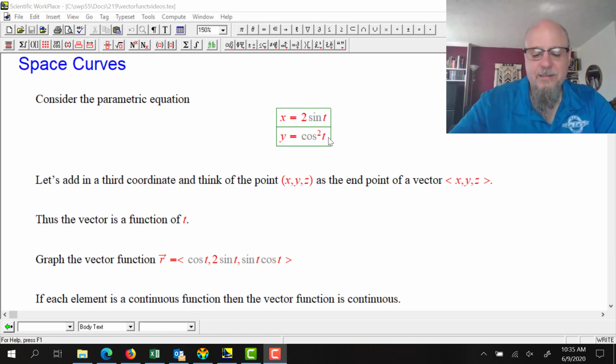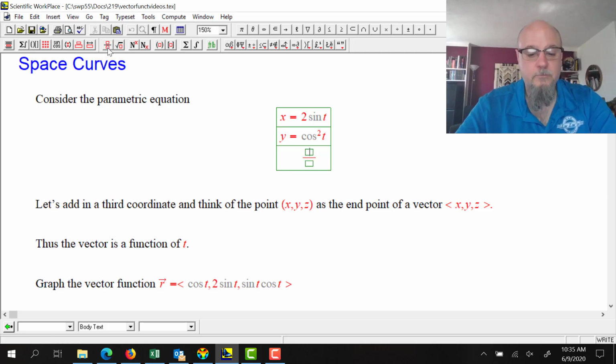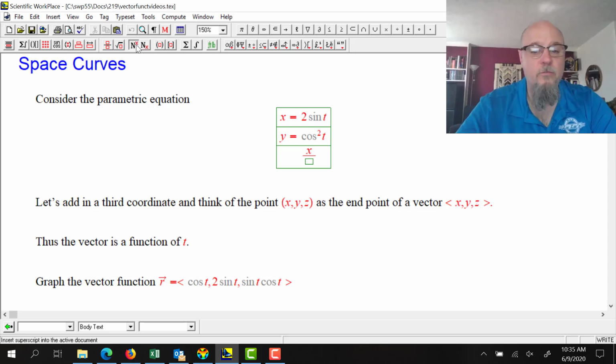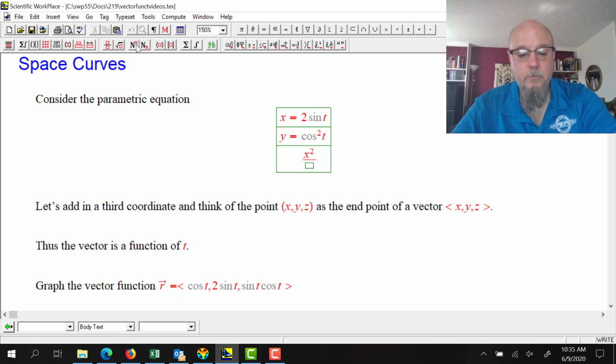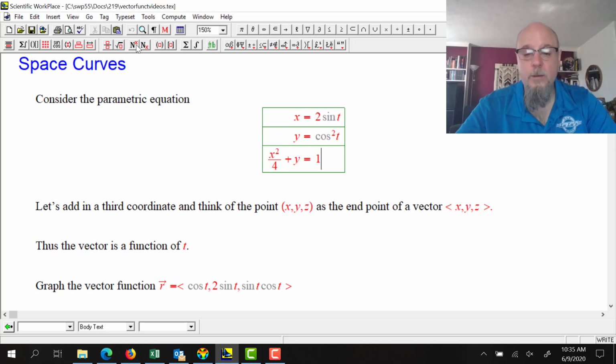To get the curve, our trick was, we know that sine squared plus cos squared equals 1. So sine is x over 2, so sine squared is going to be x squared over 4, plus cos squared equals 1.